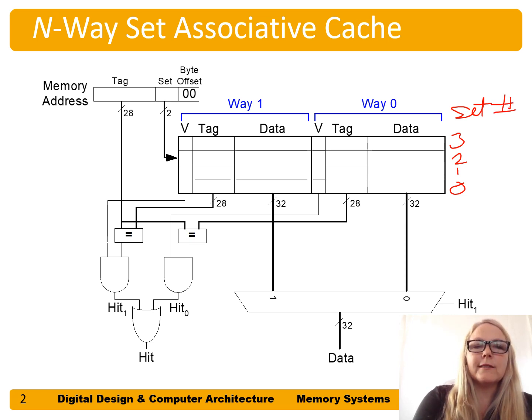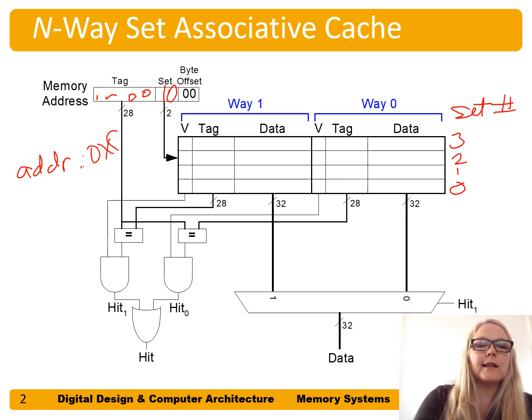Say we had some address. What's this pointing to? It's pointing to set 2 here. So let's go ahead and put that. If we map to set 2, set bits 1, 0, and let's say it's just that, so this would be address hex 8, all zeros and then a 1, 0, 0, 0.